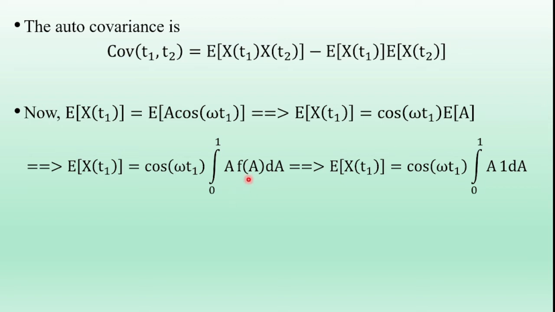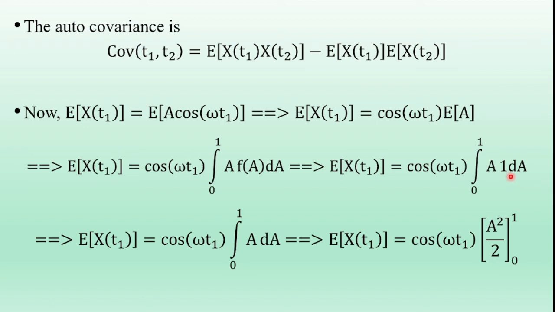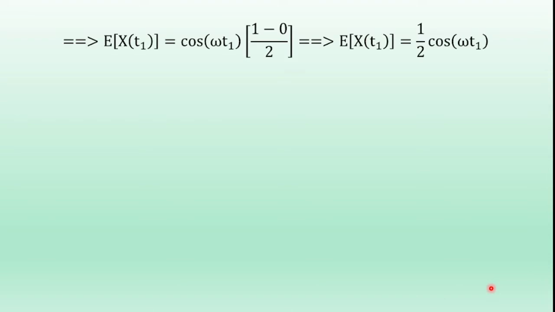So expectation of x of t1 is cos of omega t1 times the integral 0 to 1 of a dA, which is a square by 2 over 0 to 1. Substituting the upper and lower values, cos omega t1 into 1 square minus 0 square by 2. Therefore expectation of x of t1 is 1 by 2 cos of omega t1.